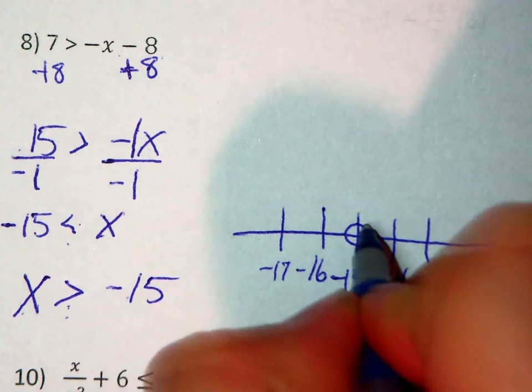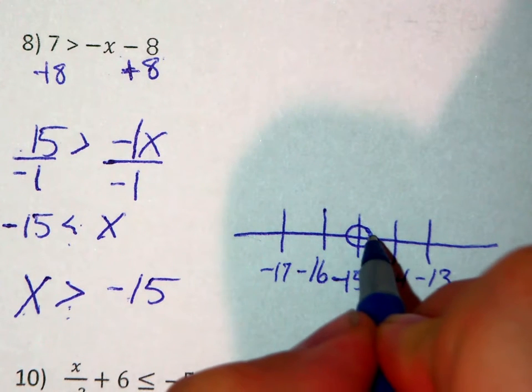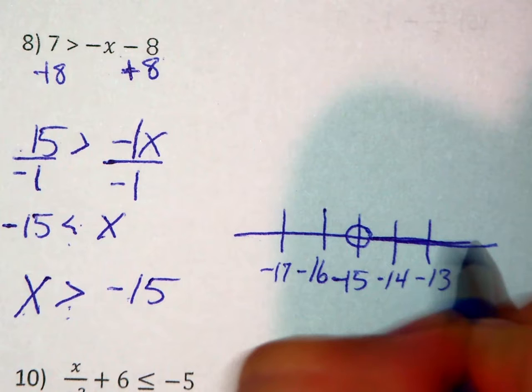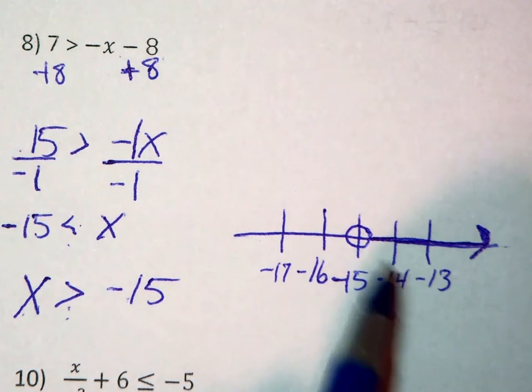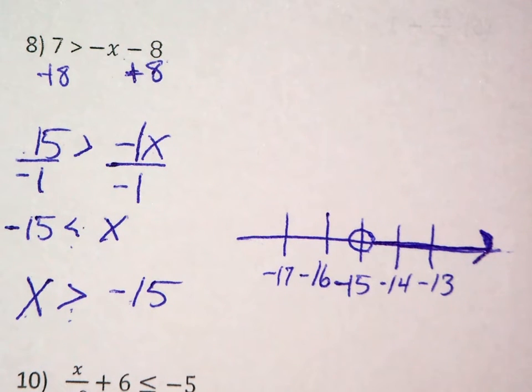And we represent that with an open dot. And then I want to represent the line with every term on this line that is greater than, so that would be all of my positive values and anything between 15 and negative 15 and 0. So my line would be going to the right from negative 15.